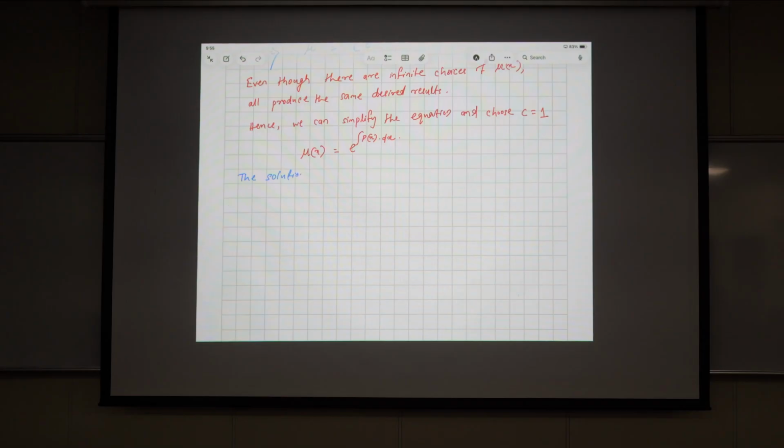The solution to this problem, I'm talking about the same ODE, linear non-homogeneous ODE, the solution to that is mu y equals the integral of mu R x dx plus C.